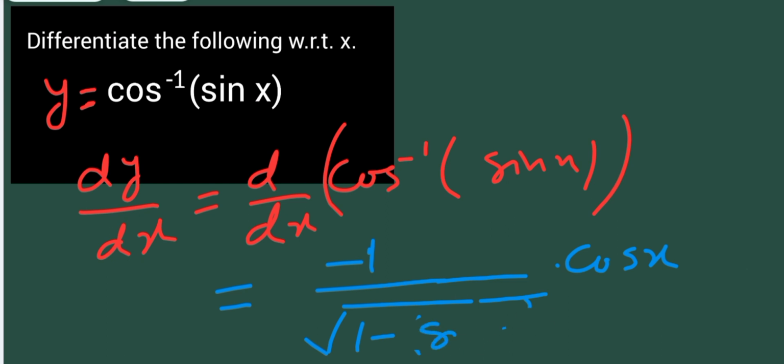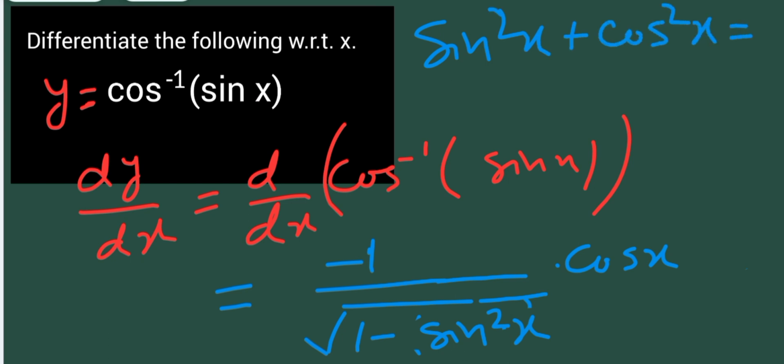So 1 minus sin square x is nothing but cos square x. Using the formula, since we know sin square x plus cos square x is 1, 1 minus sin square x is nothing but cos square x.